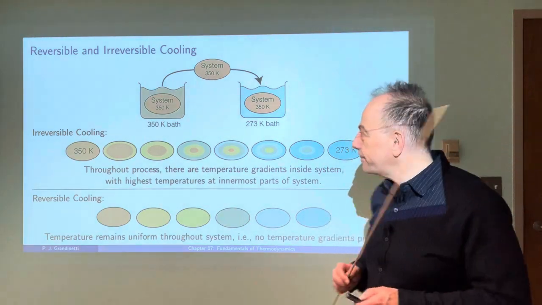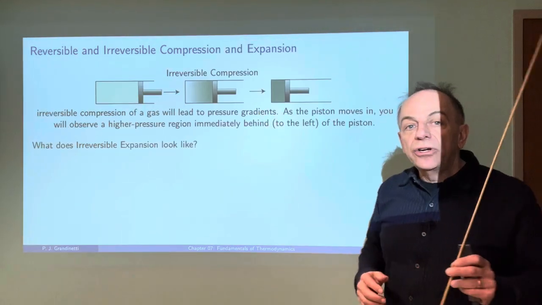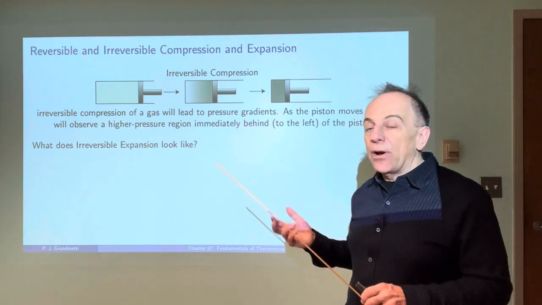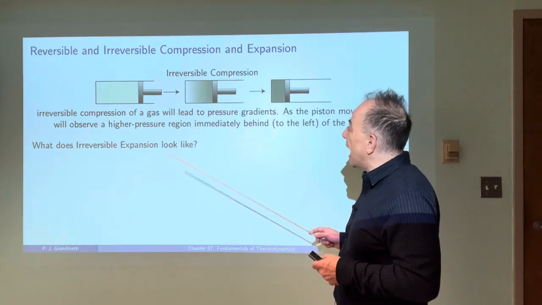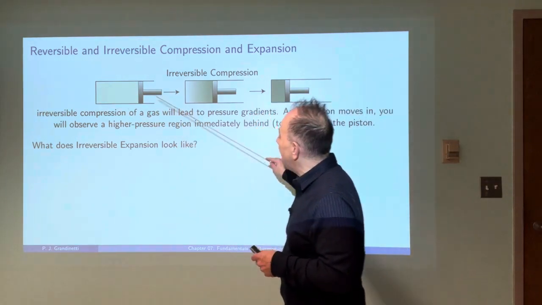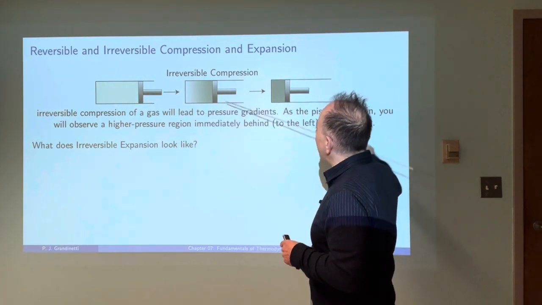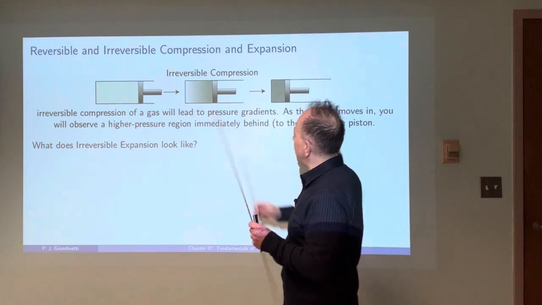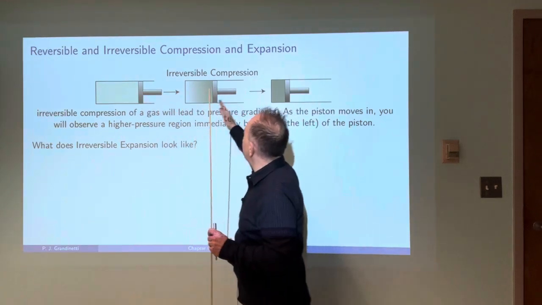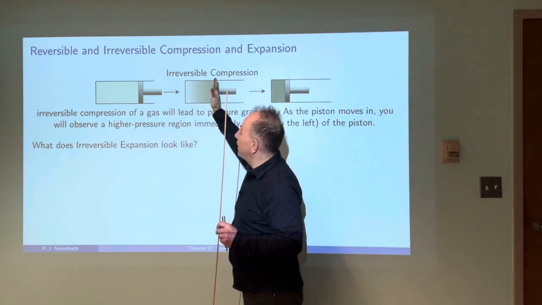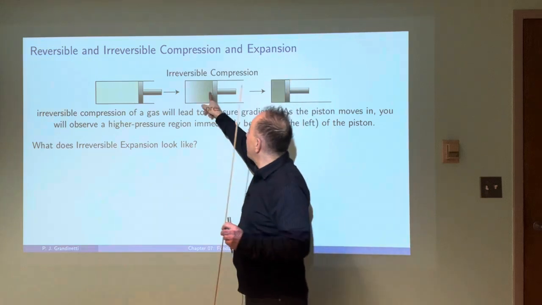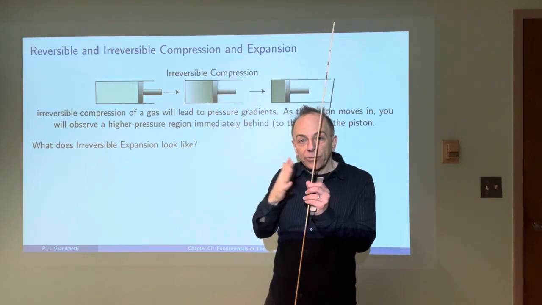All right. The same is true for expansion and compression. So imagine I had a gas in a piston cylinder apparatus like this. Here's my gas at equilibrium, and then I start compressing the gas, pushing the piston in. If I do it irreversibly, as soon as I push the piston in, there'll be a region where all the molecules are bunched up.